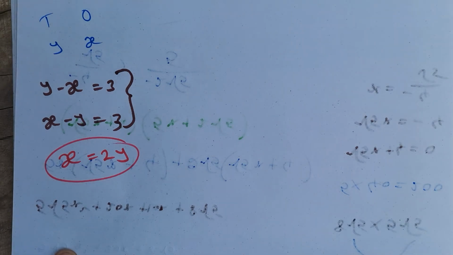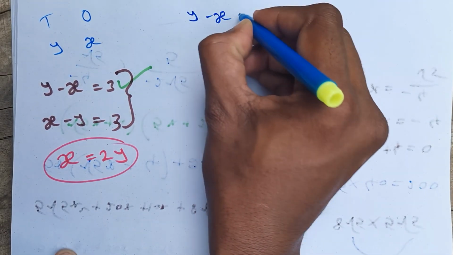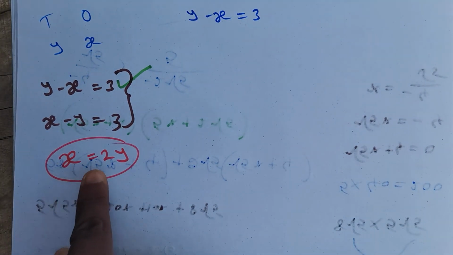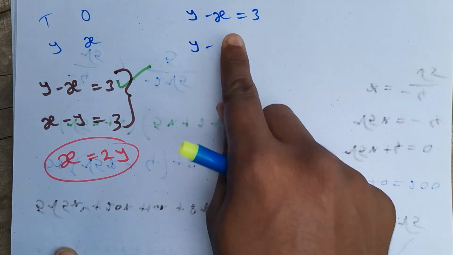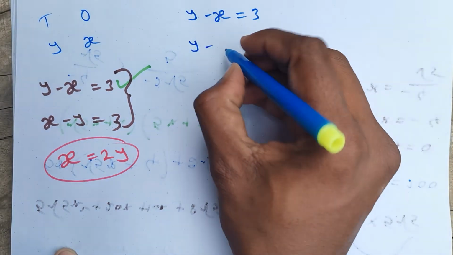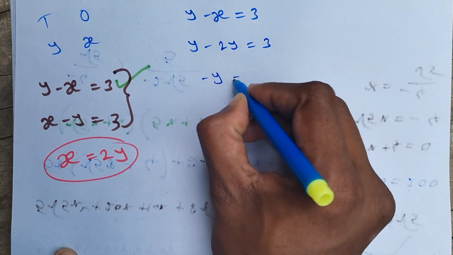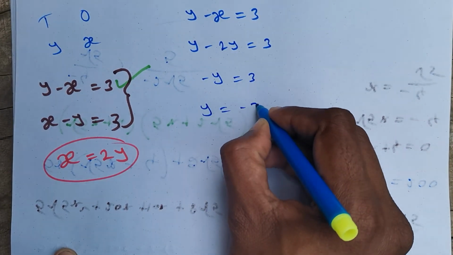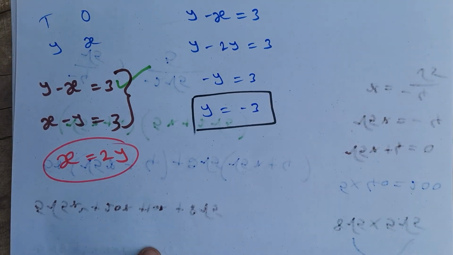Now first I will take y minus x is equal to 3. In the place of x we have 2y, so y minus 2y is equal to 3. Y minus 2y is minus y, equal to 3. So y is equal to minus 3.